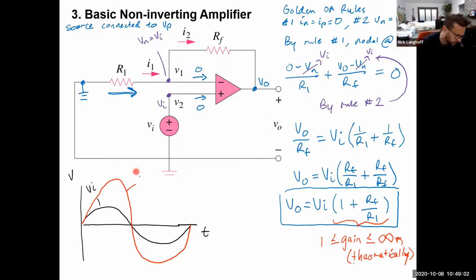I did not draw a very great sine wave right there, but that's basically what's going on. So this is V out with a gain of greater than 1. You can't have a gain less than 1 in this kind of op amp. So we've now just introduced the non-inverting amplifier.